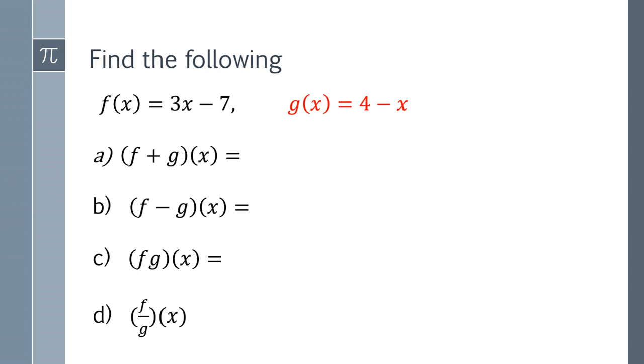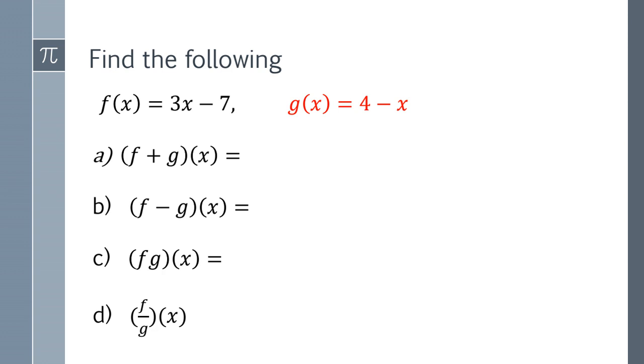Now, the way you see it here on this first page is the way the syntax has for your book on the computer. But I like to rewrite this because on this first one, A, it says f plus g. So on these particular ones, we're doing order of operations, just basic mathematics. What this is saying is that I want to add function f with function g.